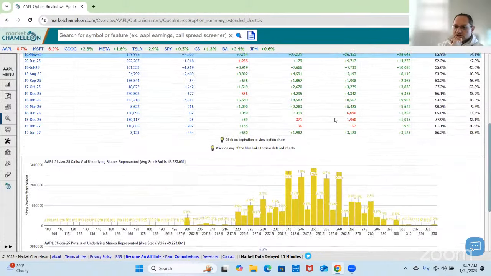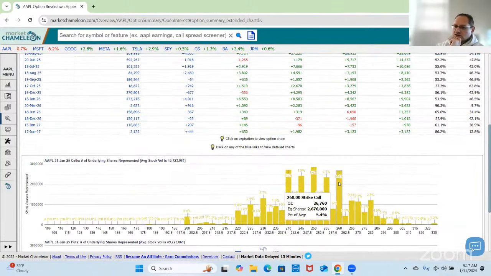So the idea there is to spot, so these percentages say the open interest represents 5.4% of the average daily option volume in Apple. This is saying 5.7%, 4.7. So you could maybe not even have it on one particular strike.